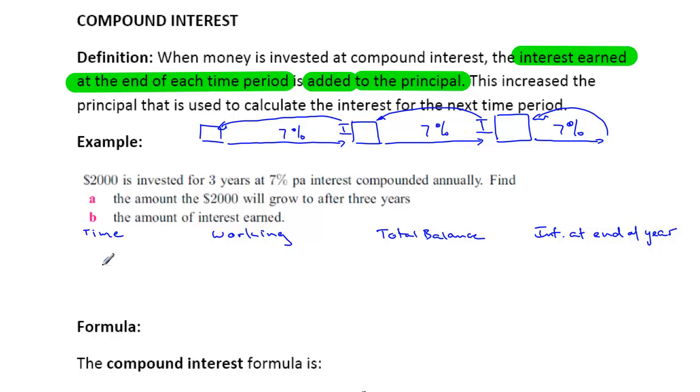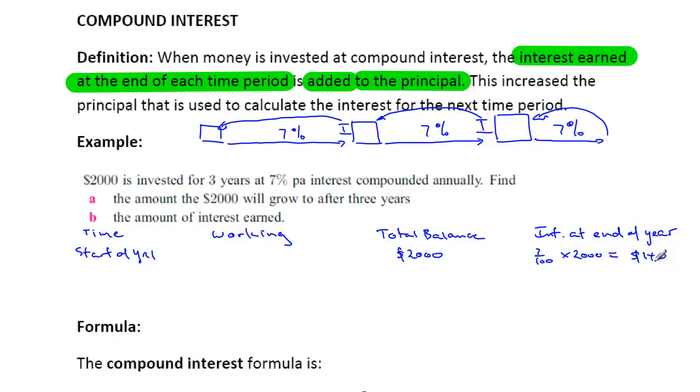So we'll start first of all with the start of the first year. Over here we'll write the start of year one. There's no working in this case, and we know that our balance at the start is $2,000. And the interest earned is 7%, so we'll write this as a fraction, 7% of the $2,000, which gives us $140.